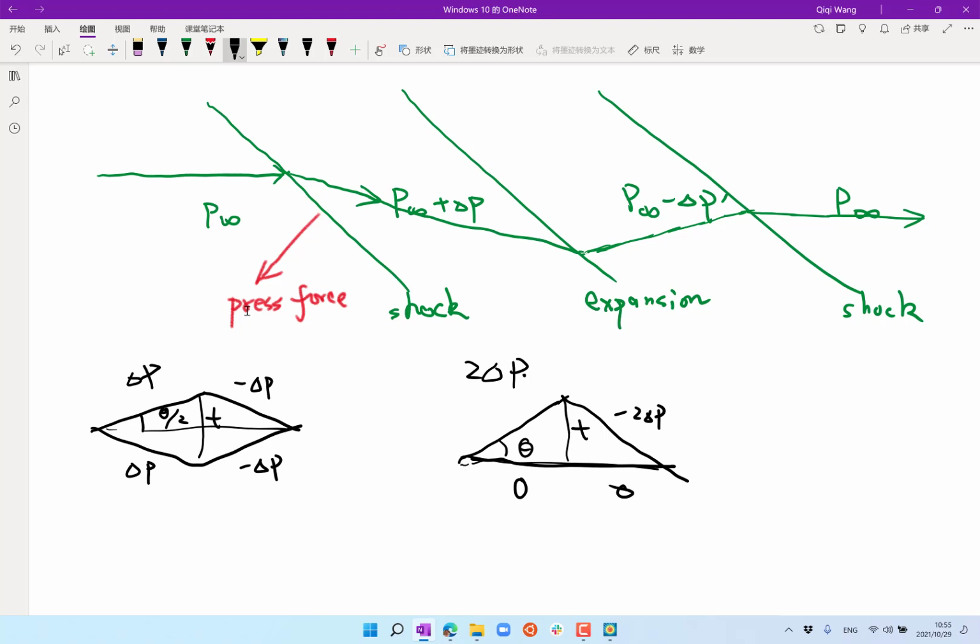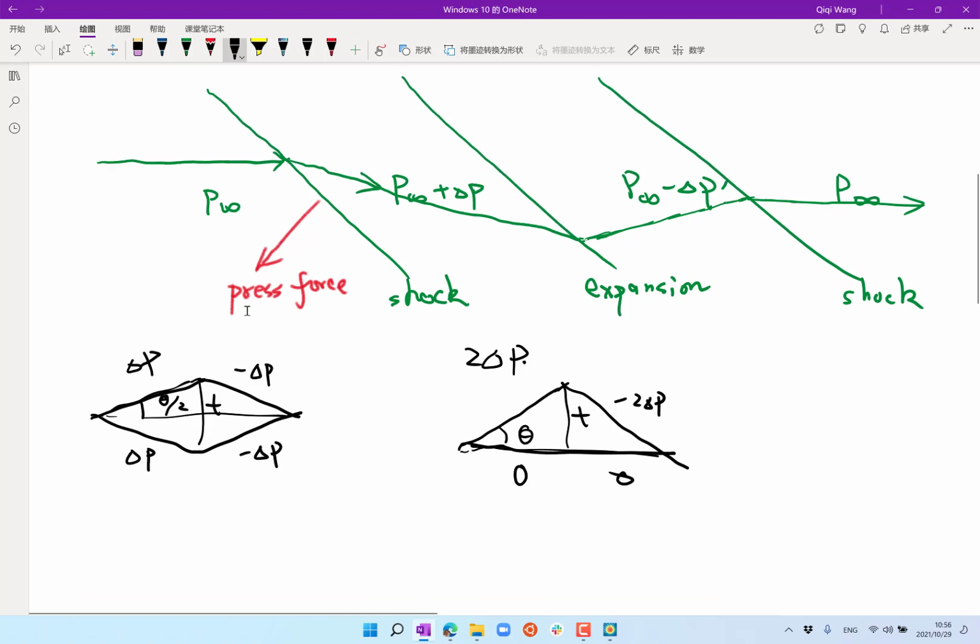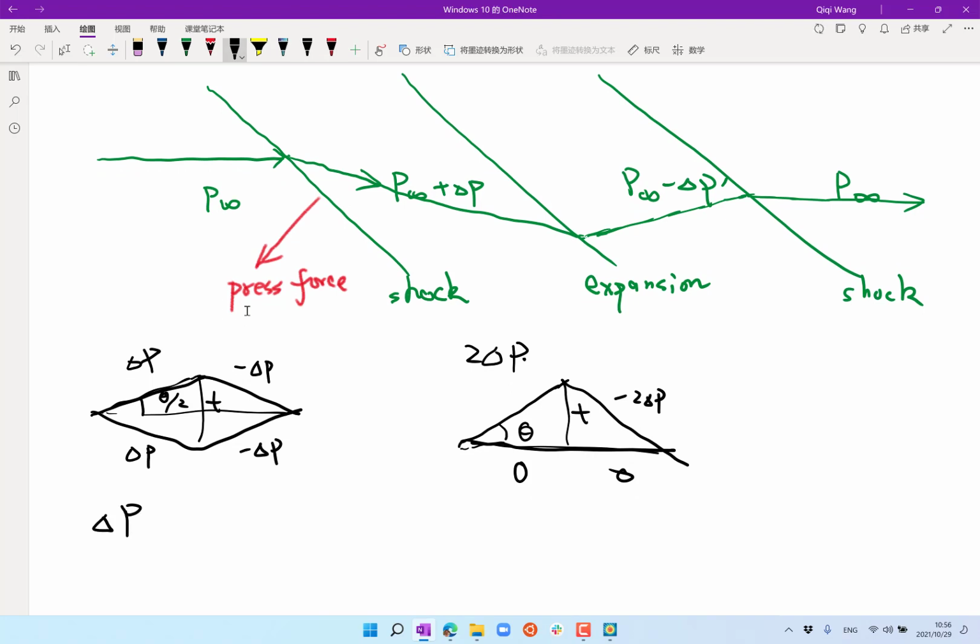So the amount of drag contributed can be computed by delta P here times half chord, and of course times the span. I'm just saying the drag per span. Then times half of theta, right? That's from here. And then from here, it contributes the same amount of drag because it's a pull, right? And here the same, and here the same. So you have this multiplied by a factor of 4. Agree? That's the symmetric airfoil.